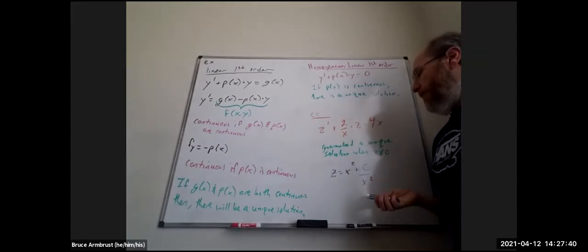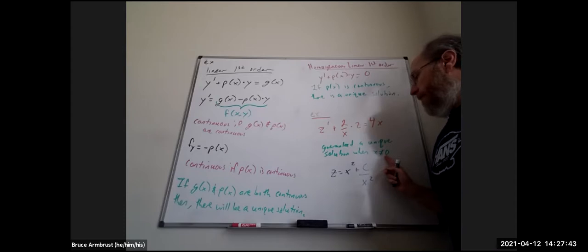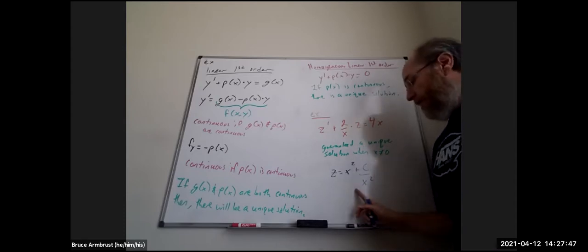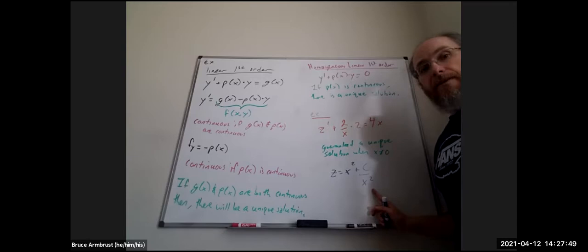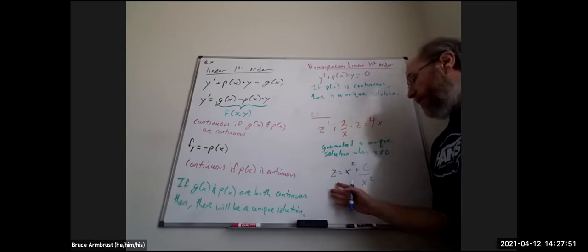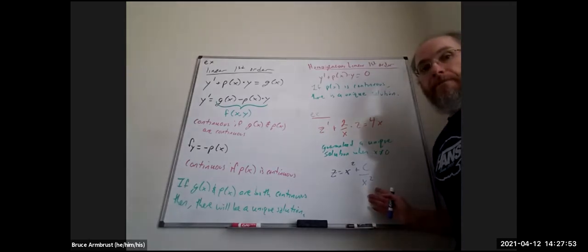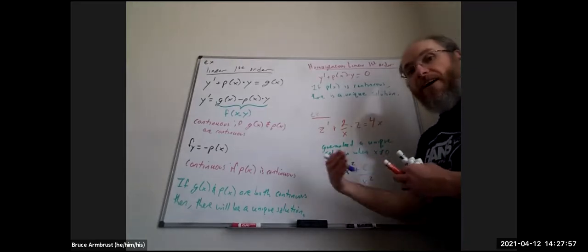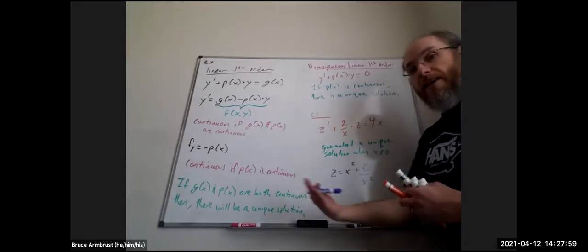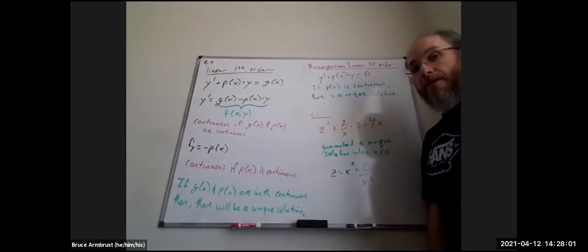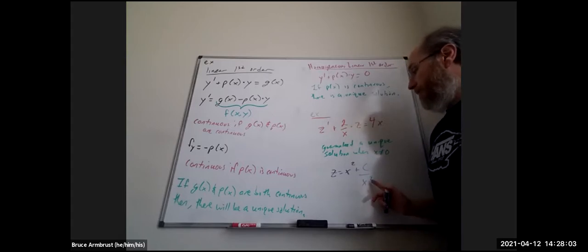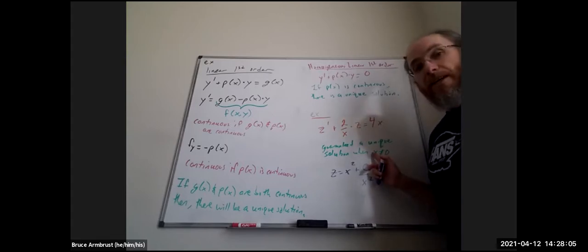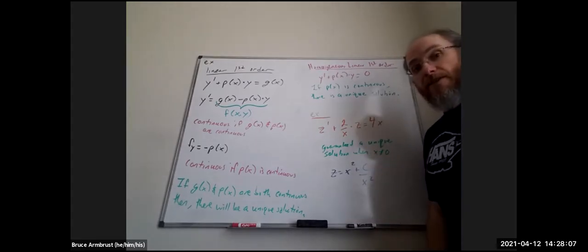I just want you to notice that we knew that we were good as long as x doesn't equal 0. And in fact, you even see that in our solution, right? If x doesn't equal 0, no problem. Our solution is going to be good as long as we're on one side or the other of 0, which totally matches what we saw from the existence and uniqueness theorem.